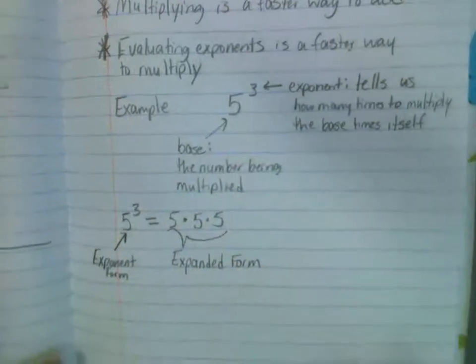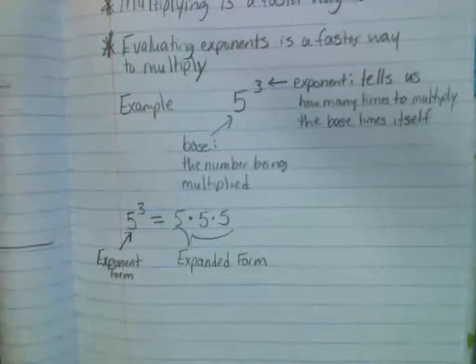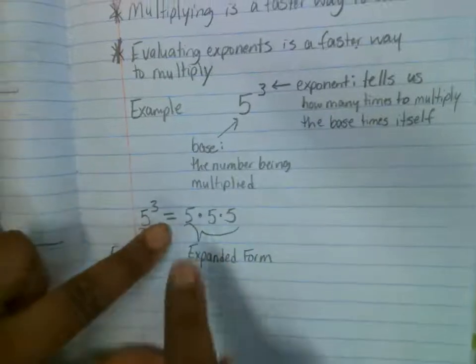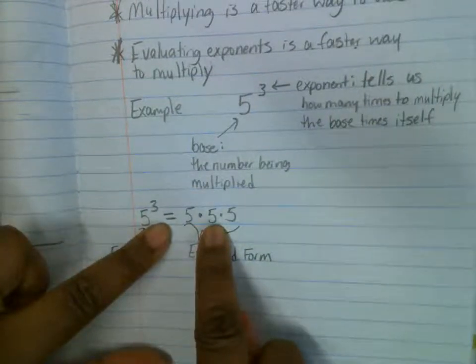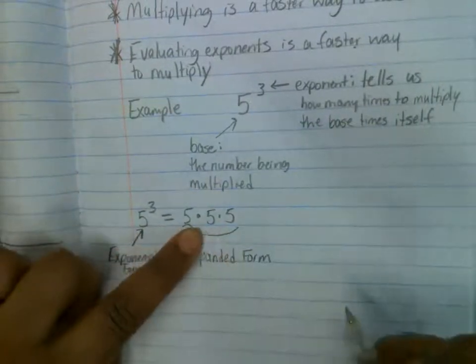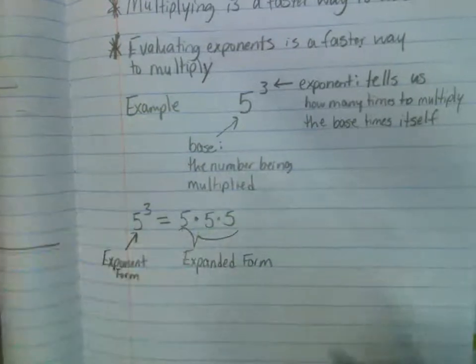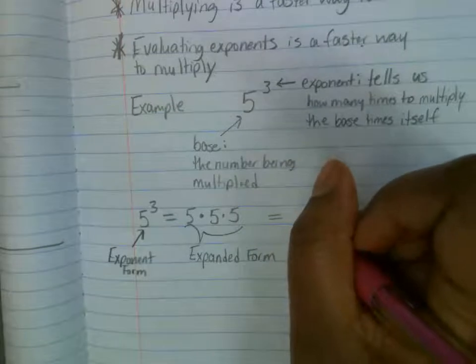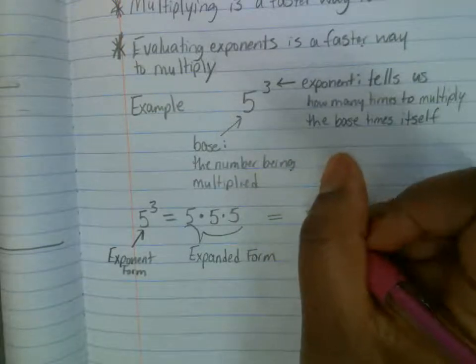And of course, in order to get your answer, you multiply 5 times 5, which is what? 25. And then 25 times 5 is what? Come on, 25, 5 quarters. 125.